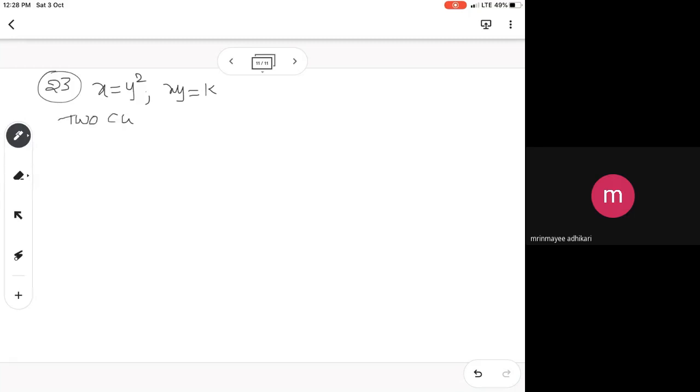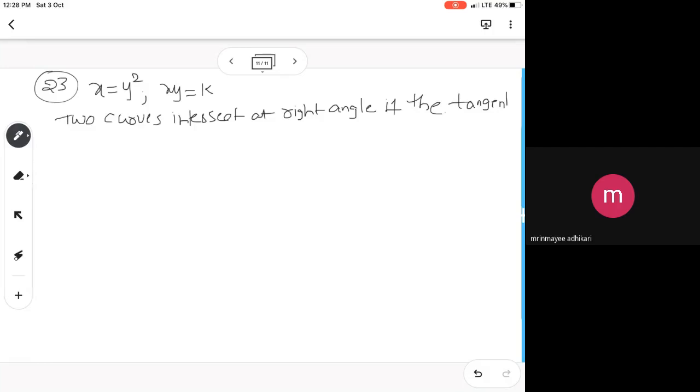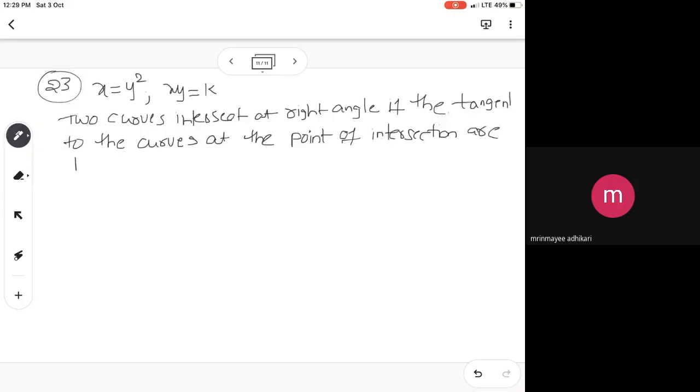Two curves intersect at right angle if the tangents, or you can take the normals also, to the curves at the point of intersection or contact are perpendicular to each other. Is it understandable?